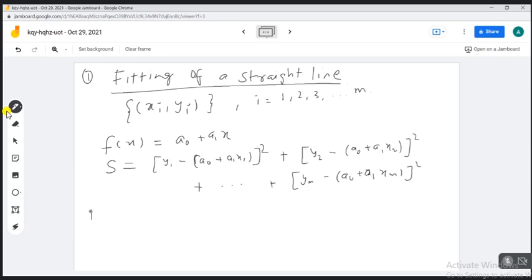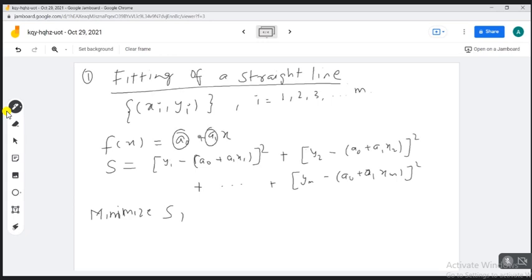So our aim was to minimize S. There's one thing that should be clear: what we want are the coefficients a0 and a1.